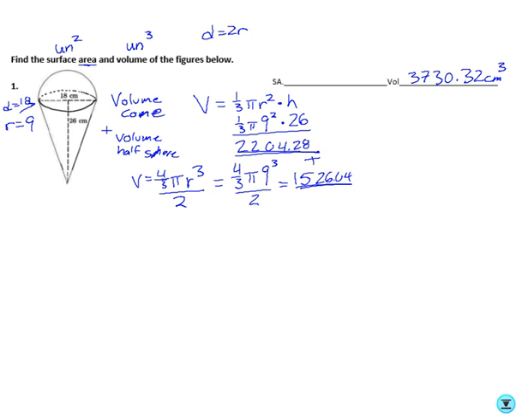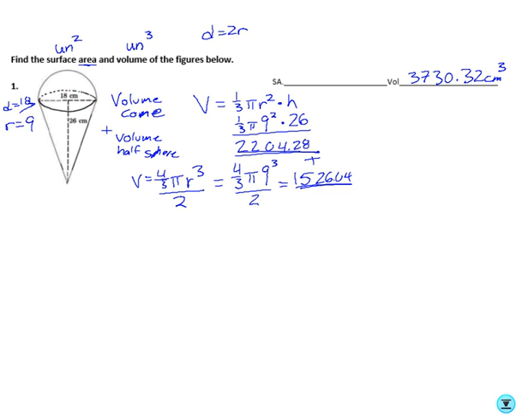Surface area is a little bit more involved. So we want to cover this thing. We have, again, a half sphere and a cone. But when I have surface area, you need to remember you're wrapping something. If I was wrapping this object, this part would not get covered: the base of the cone, because there's that circular part on top of it, and so that part doesn't get included in the surface area.